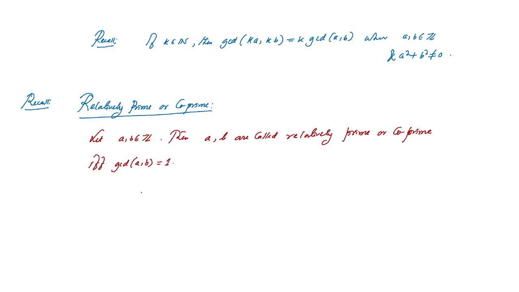So if GCD of a, b equals 1, then they are relatively co-prime. Here is an example: GCD of 4, 9. 4 and 9 both are not prime, but GCD of 4 and 9 is 1. So you can say that 4 and 9, that pair, are co-prime to each other.